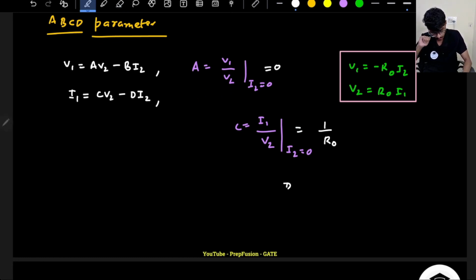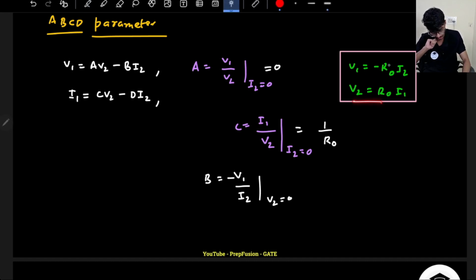What about B and D? So B is minus V1 divided by I2 when my V2 is 0. If V2 is 0, it does not matter. V1 by I2 is minus of RO, minus of minus RO will be plus RO. And what about D?